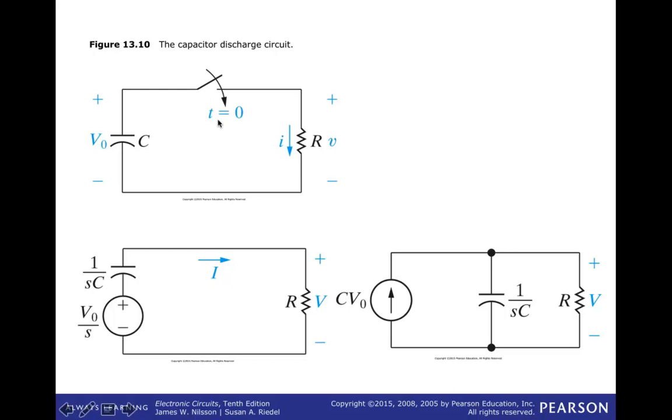First of all, and not shown here, the fact that this switch closes at t equals 0 means that the voltage on the capacitor appears to have a step function kind of behavior. But there is no source, so we don't have a source that we would replace in the time domain with a source times the step function. So basically on the capacitor, we're just going to replace it with the equivalent circuit.